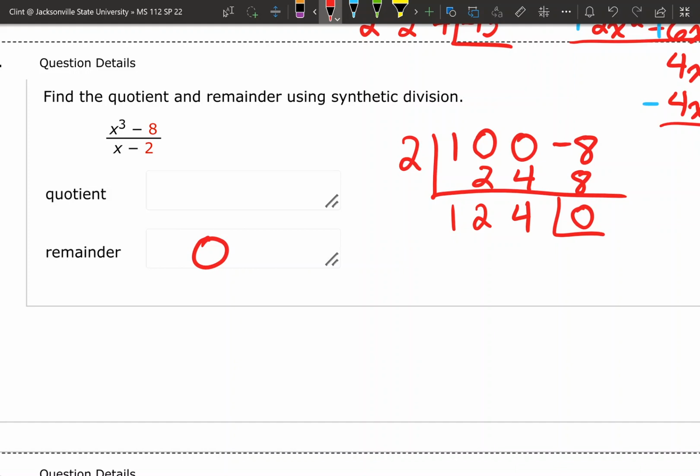X squared, yeah, so 1x squared plus 2x plus 4. And then no remainder on that one. Questions on that one with the placeholders? Good, okay.